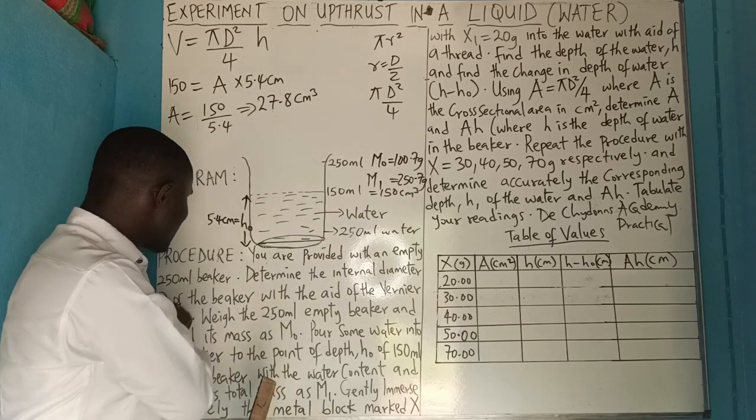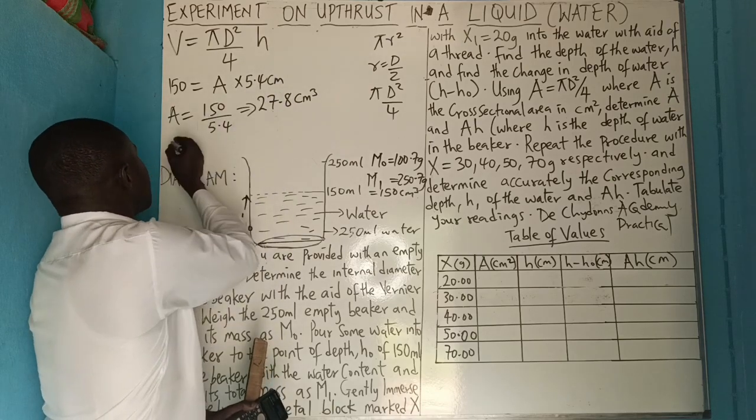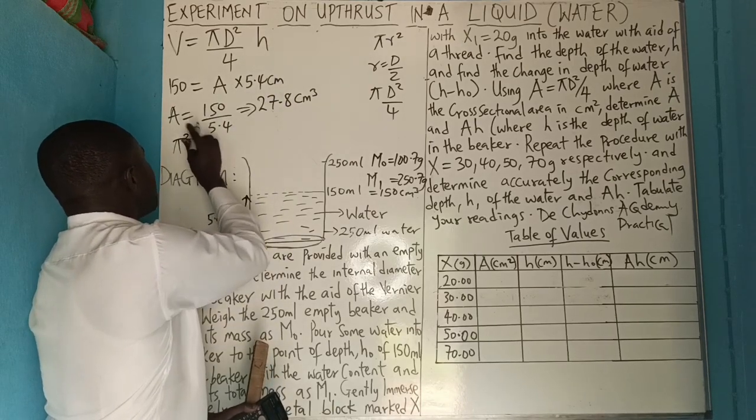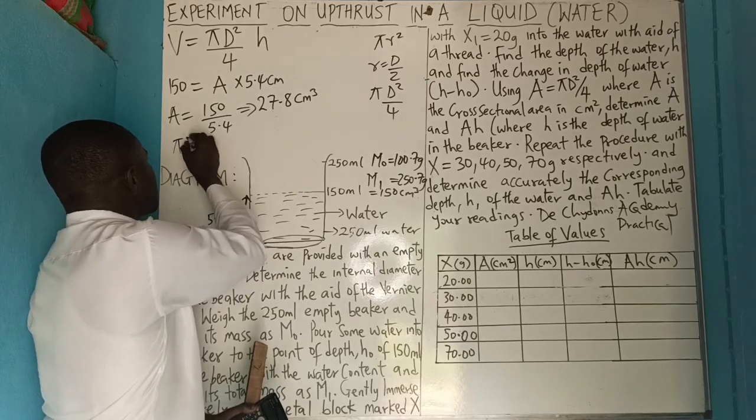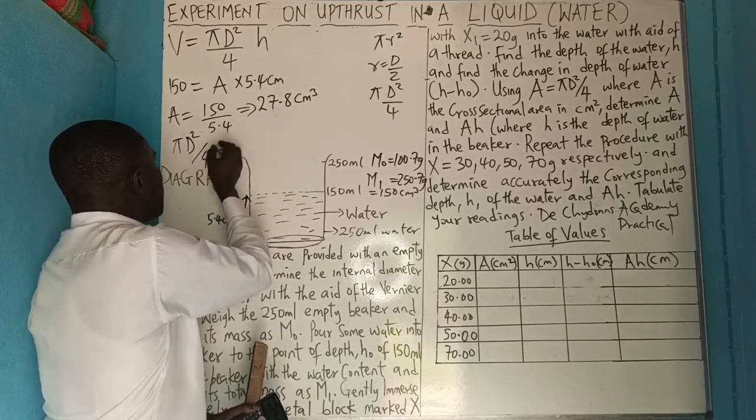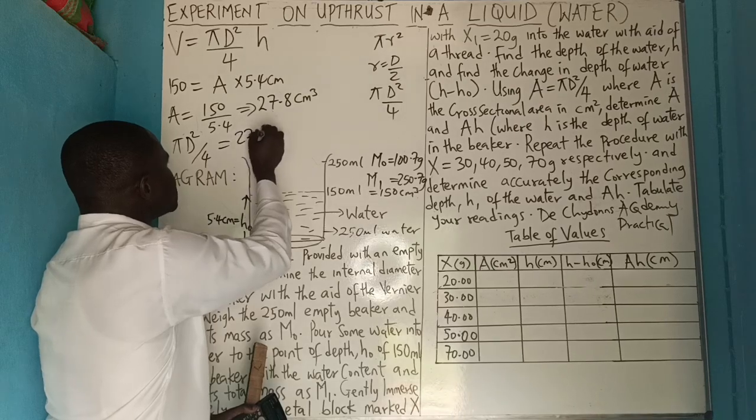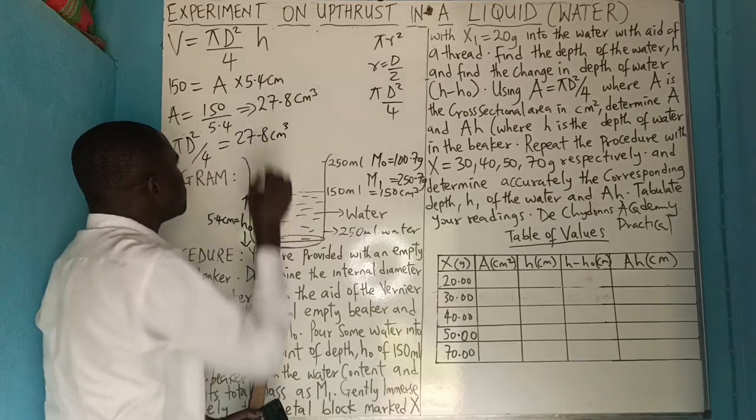Now they say we should get our d. We tell them that pi d square all over 4 is equal to 27.8 cm cube.